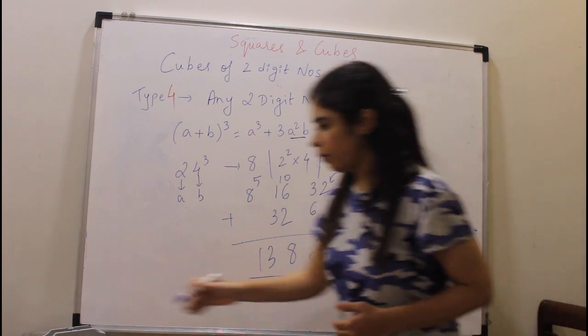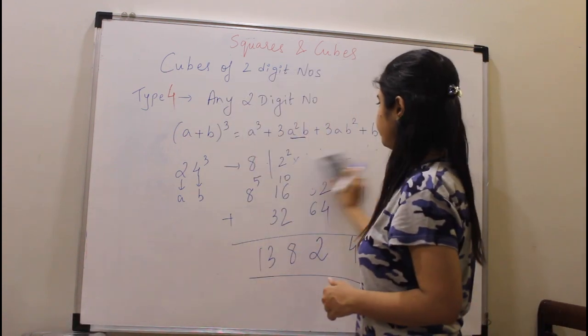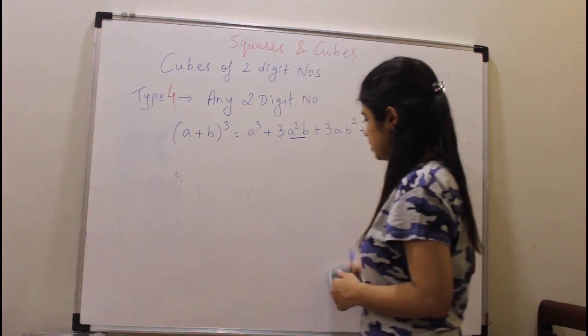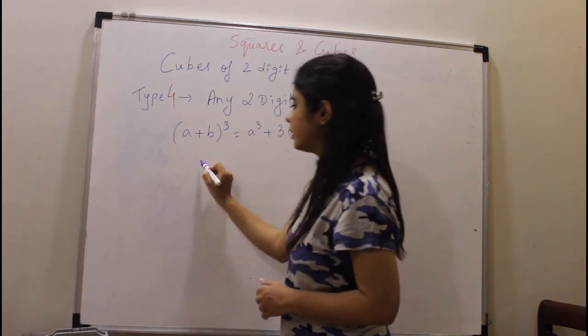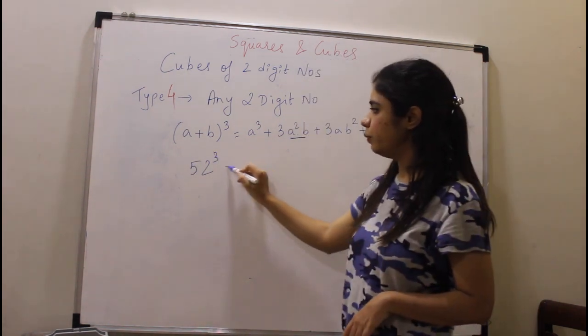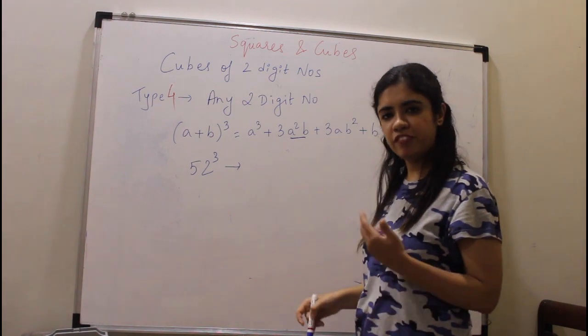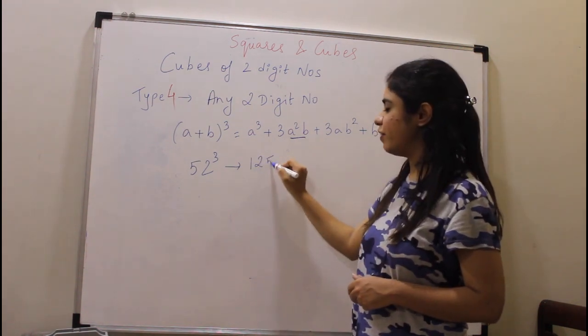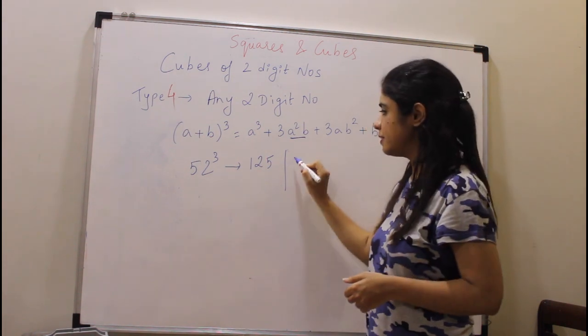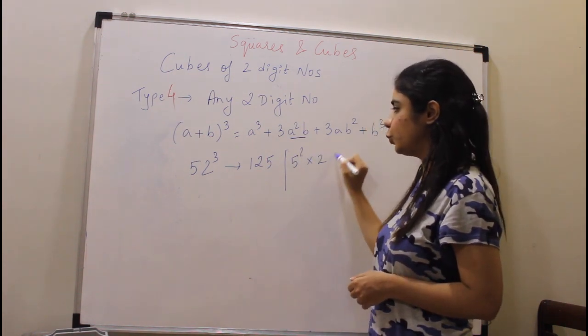Now let's take one more sum so that you are completely clear. Suppose I ask you, what is 52 cube? First, what will you do? You will write 5 cube. 5 cube is 125. Then a square b, so that is 5 square into 2.